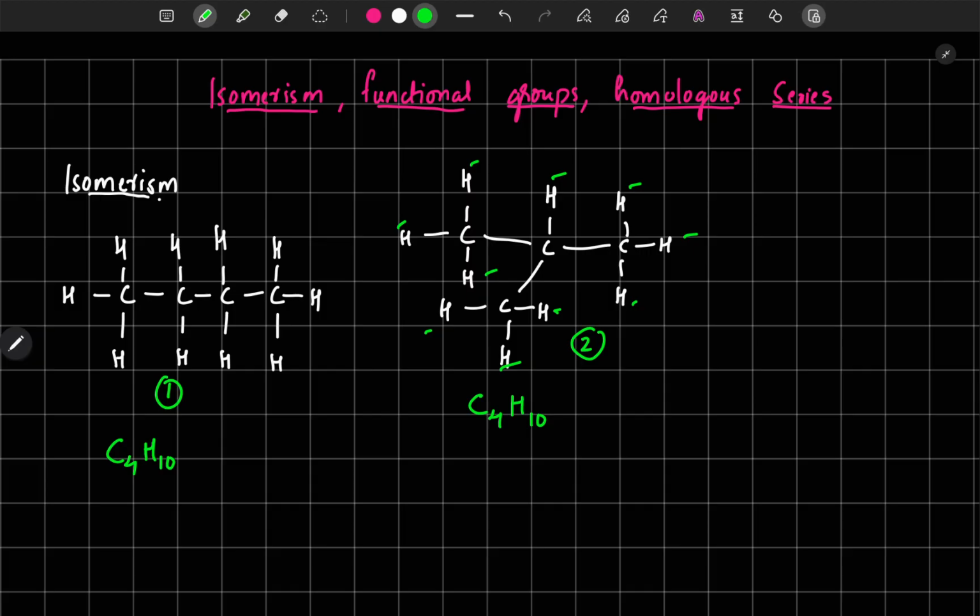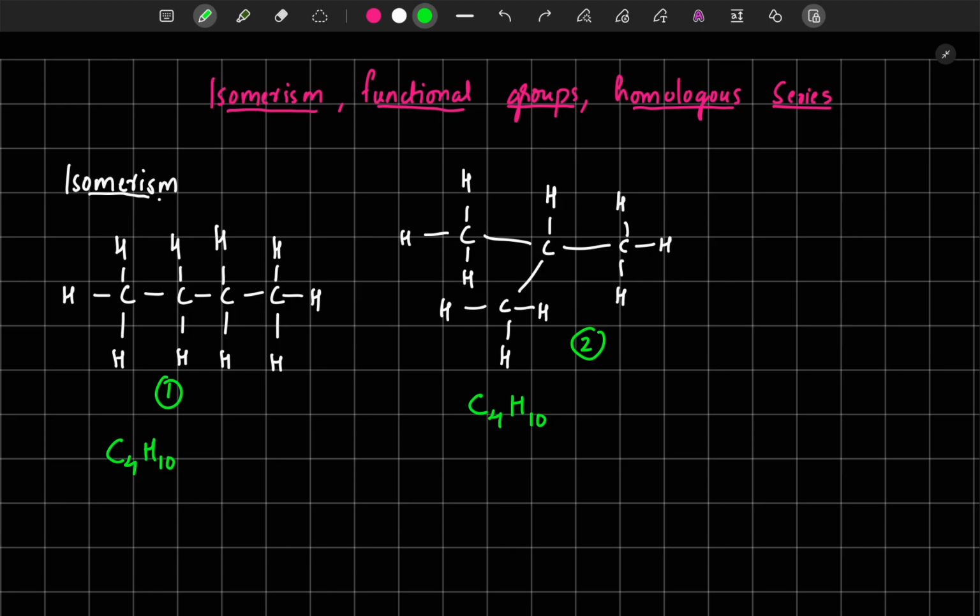C4H10. So isomerism means compounds having the same formula but different chemical properties. That difference in chemical properties is because of the different structure, or different attachment or bonding in that particular structure.